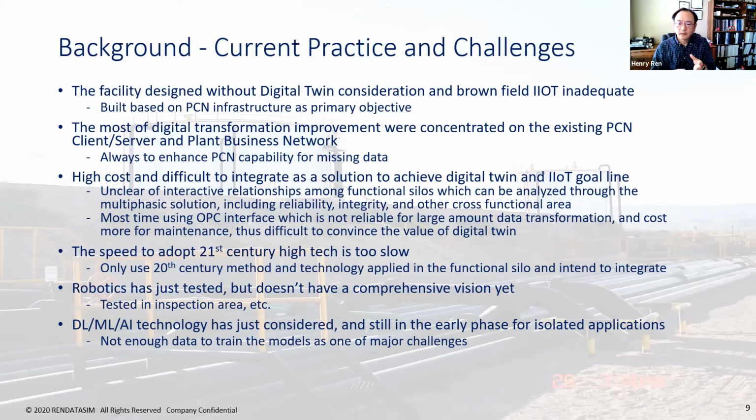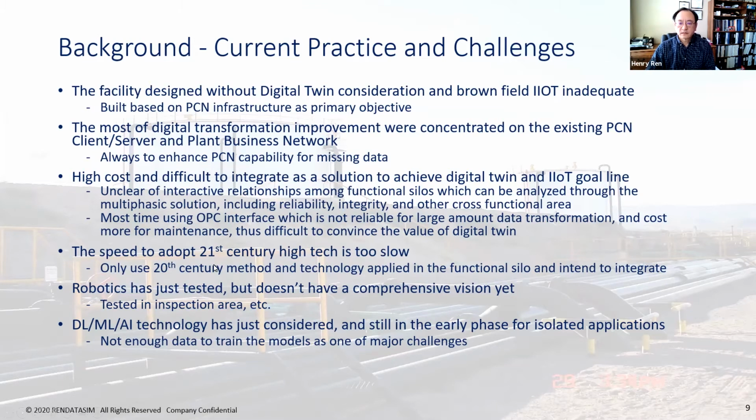That increases cost a lot and is difficult to maintain and difficult to integrate as a more robust, reliable solution. So that is the reason we want more machine learning and AI type of digital analytic solutions in place. And I don't believe we are in that fast trend yet. People are just starting to think about how to use it.